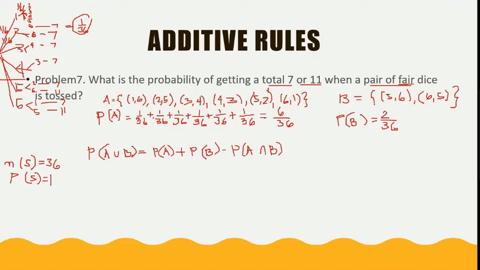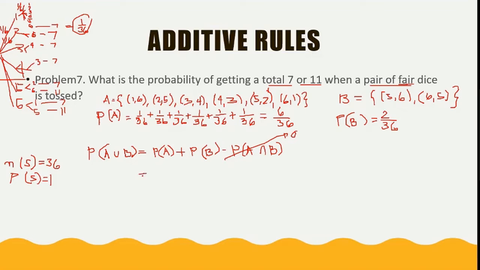Do they have an intersection? If you take a look at the ordered pairs, they don't share the same ordered pairs, which means this is zero. This tells us that events A and B are mutually exclusive, meaning they don't share the same outcomes.